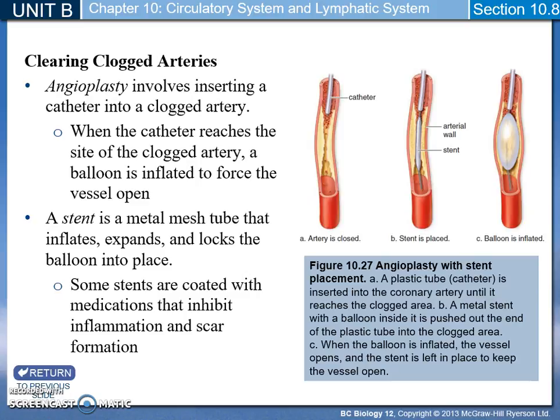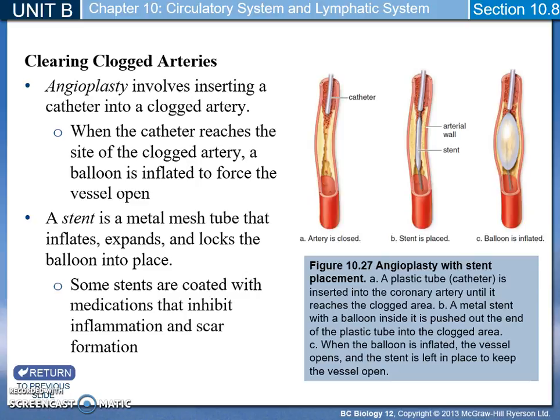Clearing clogged arteries, and this is what's referred to as angioplasty, involves inserting a catheter into a clogged artery. Then when the catheter reaches the site of the clog, a balloon is inflated to force the vessel open. So a stent is a metal mesh tube that expands, and then locks the balloon into place.